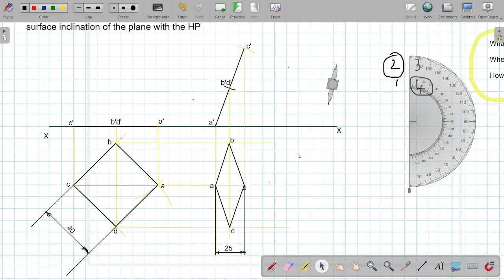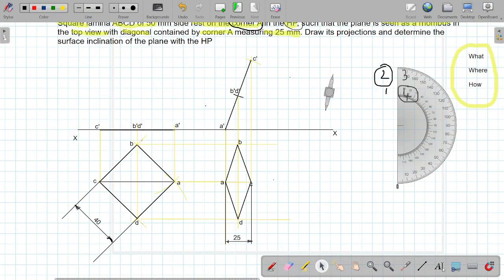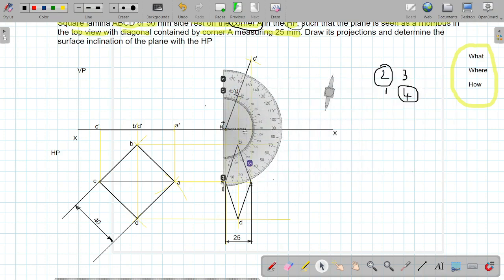But in the question, if you see, there was a question asked: draw the projections and determine the surface inclination of the plane with HP. So now to measure the inclination with respect to HP, we have to see in the VP. So I have to measure this angle.